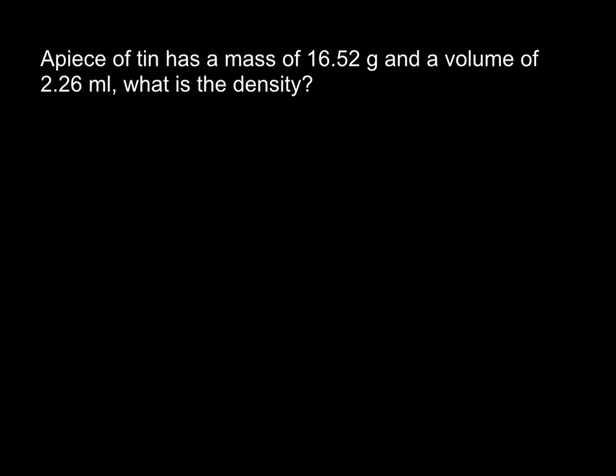So let's take another example. You have a piece of tin, and it has a mass of 16.52 grams and a volume of 2.26 milliliters. What's the density? So what do we need to know? Well, first we need to know the mass. The mass, write it down, 16.52 grams, and the volume is 2.26 milliliters.